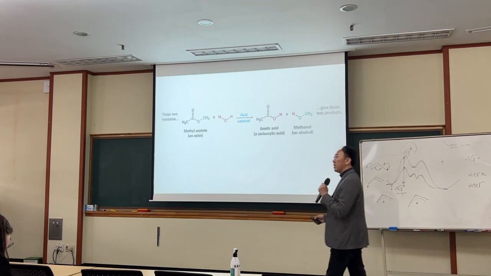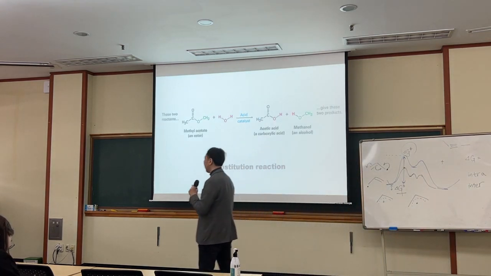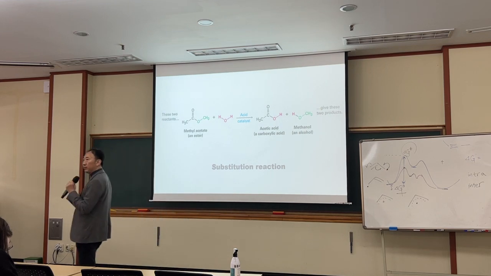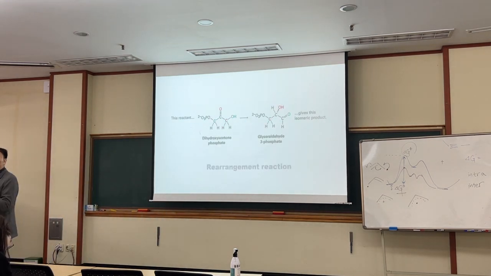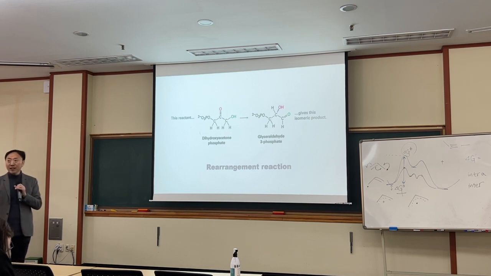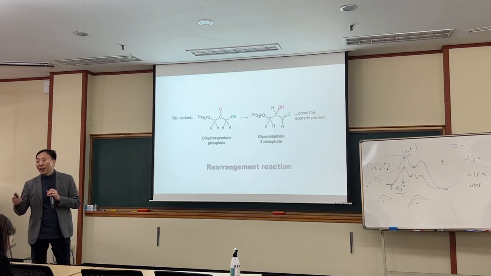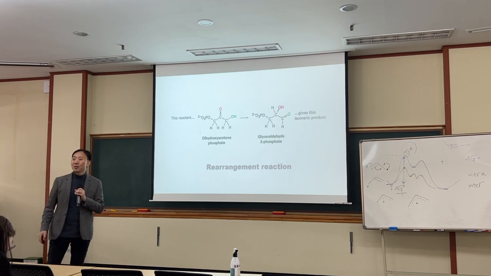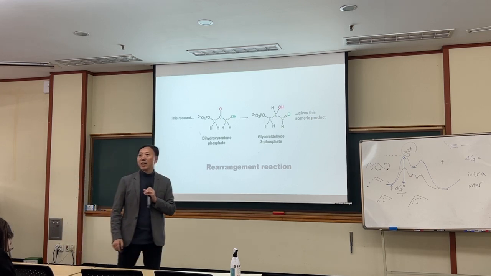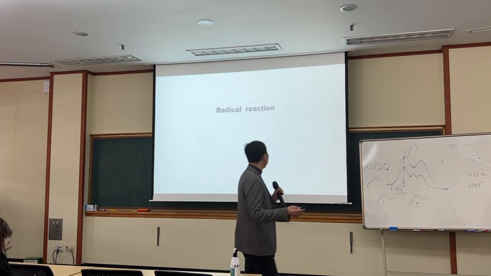The third one was exchange reaction, or substitution reaction. Or, in the same molecule, rearrangement. This rearrangement happens inside the molecule, right? What do you call rearrangement inside the molecule? Intramolecular rearrangement. That is what we say in rearrangement reactions.